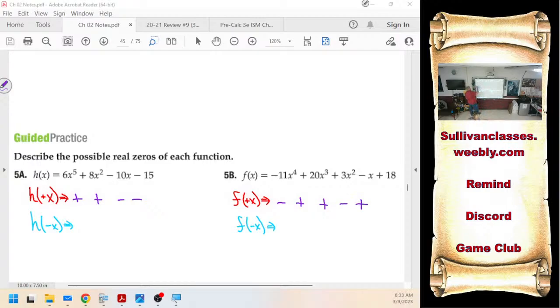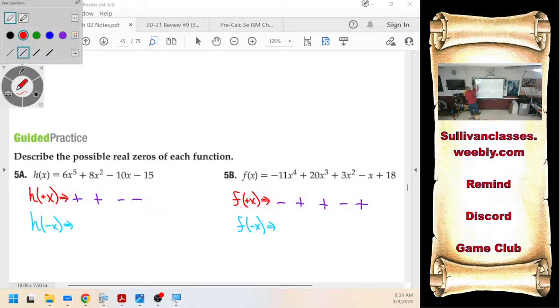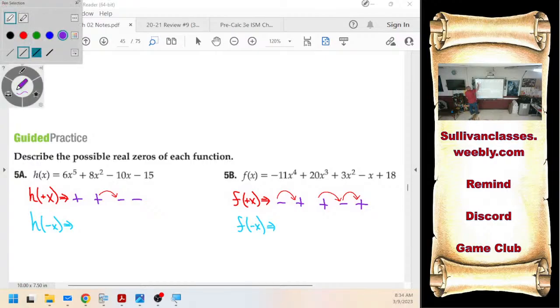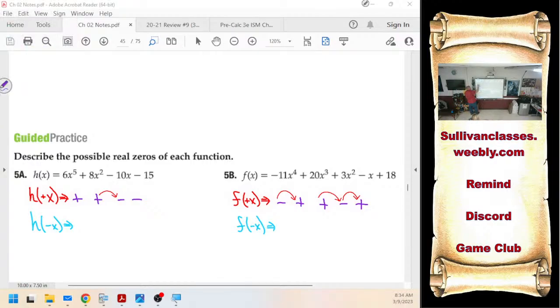You count the sign changes on them. H of x only changed once. F of x changed once, twice, thrice. So for h of x, I'm going to say it has 1. I can't go down in a pair from there.